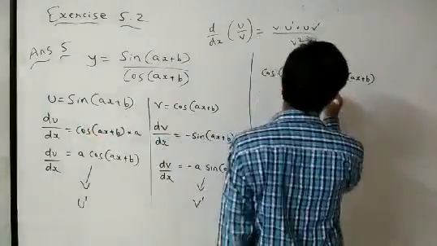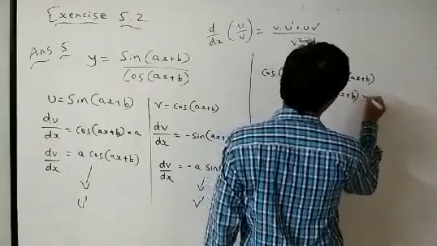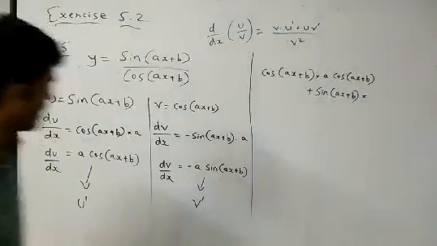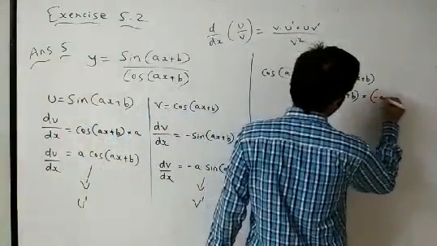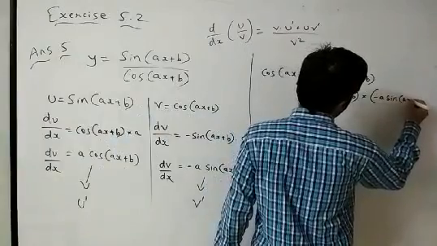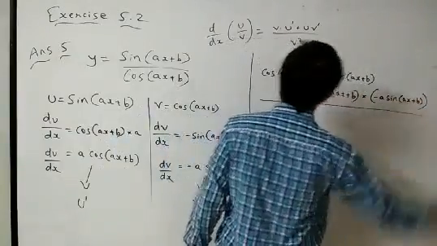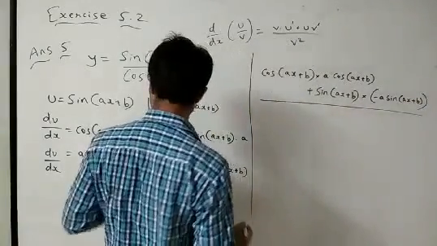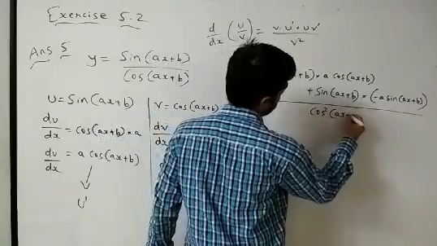Sine of ax plus b, multiplied with v dash. What is the value for v dash? Minus a sine of ax plus b, that is minus a sine of ax plus b, divided by v square. What is the value for v square? That is cos square of ax plus b.